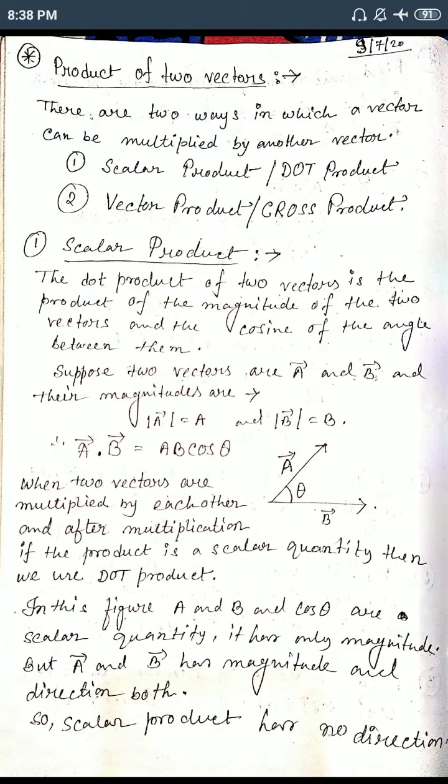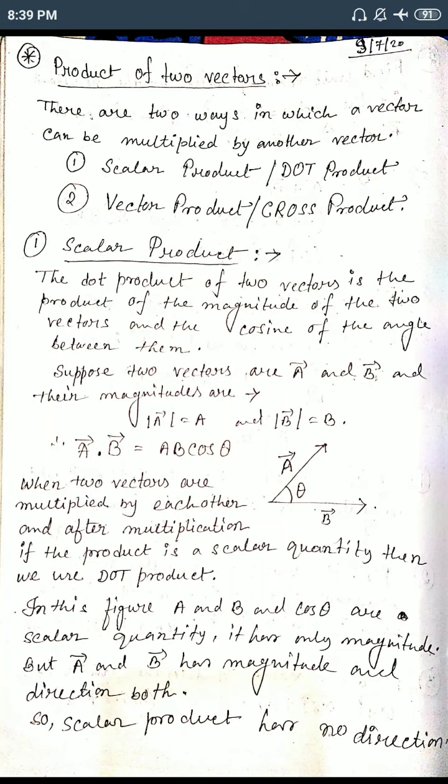A dot B equals the magnitudes of the two vectors individually, mod of A and mod of B, and the magnitude of a vector is a scalar quantity. So A into B, multiplied by cos theta, the cosine of the angle between them. So A dot B equals AB cos theta. AB cos theta is a scalar quantity. That's why we use the dot product or scalar product.